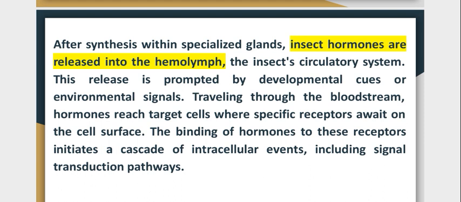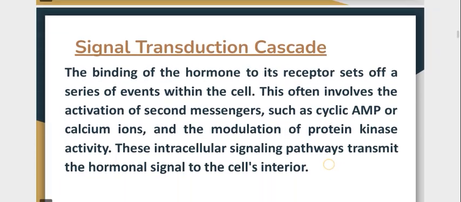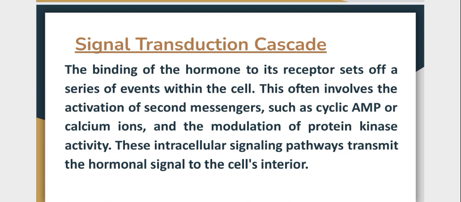This release is prompted by developmental cues or environmental signals. Signaling through the bloodstream, hormones reach target cells where specific receptors await on the cell surface. The binding of hormones to these receptors initiates a cascade of intracellular events, including signal transduction pathways, which we will see in detail.